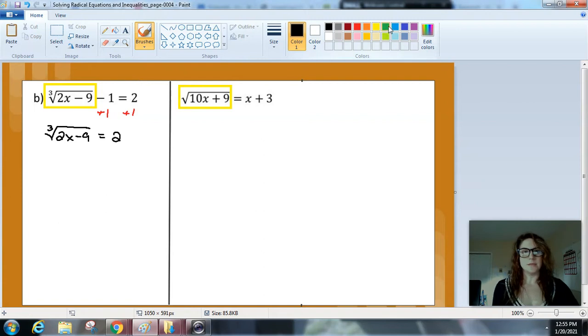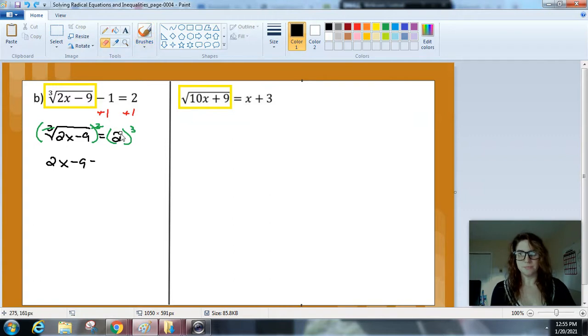Now in this case, to get rid of our cube root, we're going to raise it to the third power. Remember, your root and your power, as long as they match, if the index matches with the power, they're going to cancel out. So only the inside drops down. 2 cubed is 8. Oh, my bad. Let's go back for a moment.